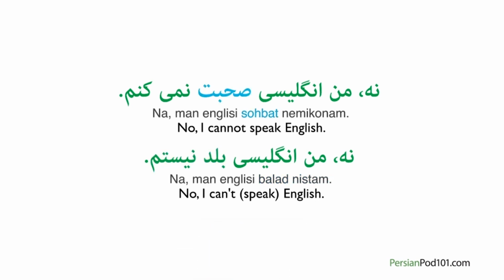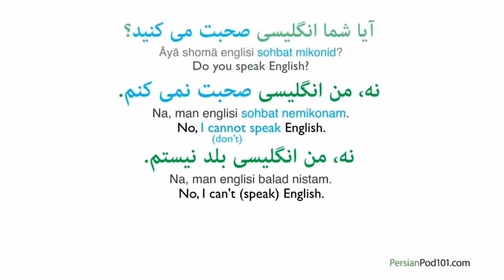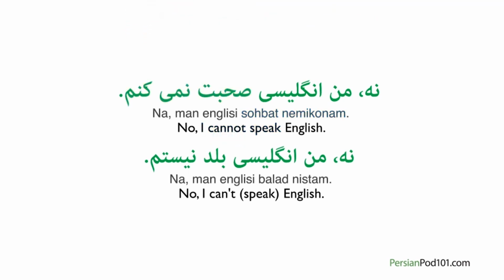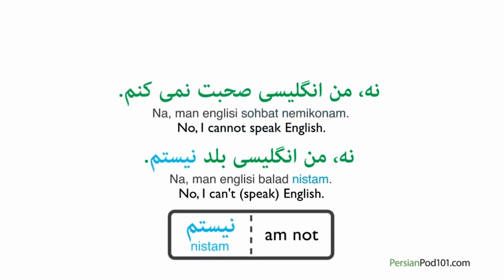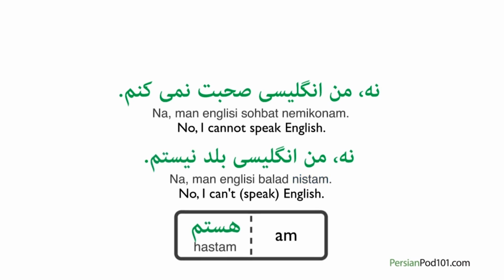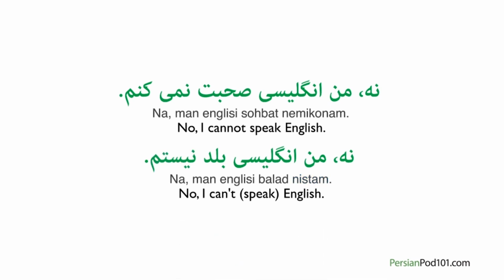Combined with sohbet, meaning talk or speak, now you know that sohbet nemikonam means I don't speak, and sohbet mikonid means you speak. Also, nistam is actually the negative version of hastam, but it looks slightly different in the negative form. Verbs and phrases change depending on the person speaking.